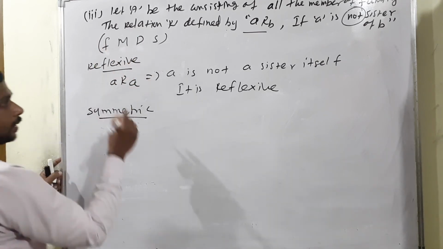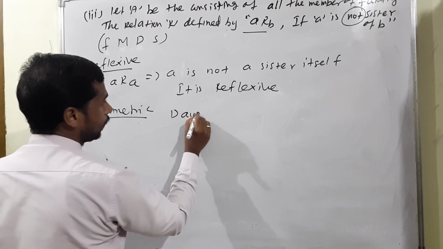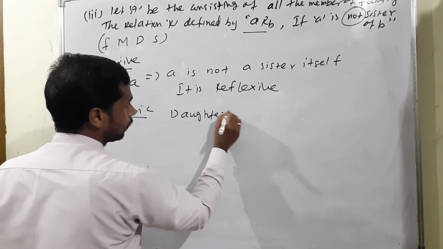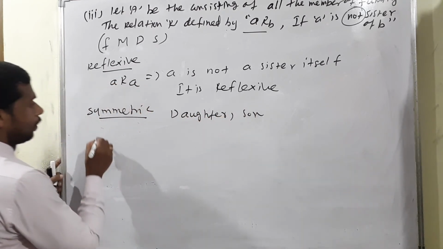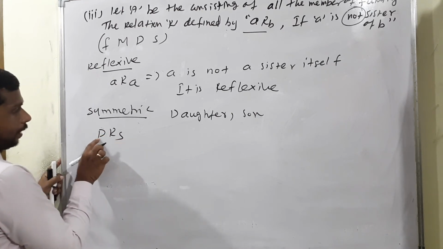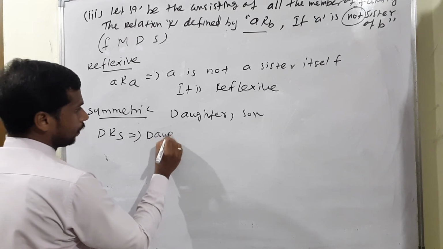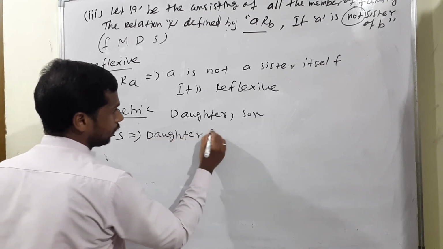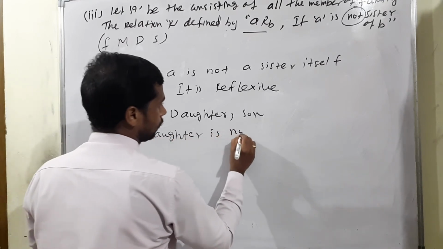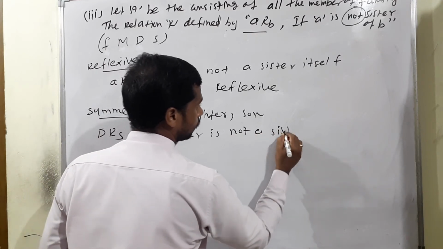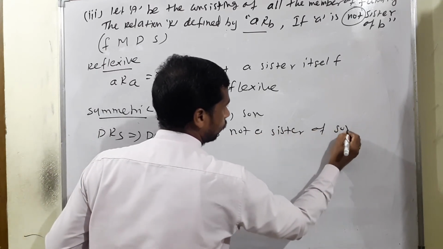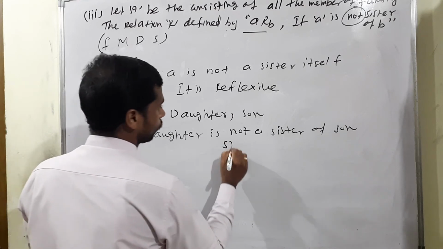But next two cases: daughter and son. What will happen? First, D related to S, the daughter and son. Definitely we can say daughter is not a sister of son. The first statement is true.